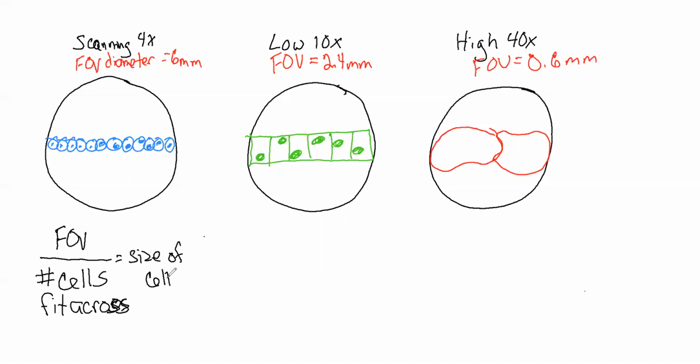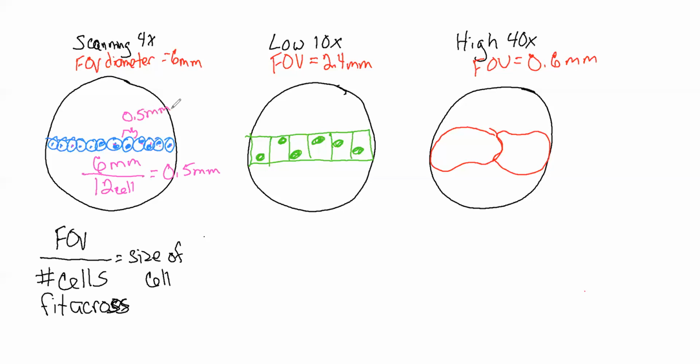So in this first example, we are looking at 1, 2, 3, 4, 5, 6, 7, 8, 9, 10, 11, 12 cells that fit across this field of view. Our field of view diameter is 6 millimeters, and we're going to divide that by 12 cells. That will give us 0.5 millimeters, which means each one of these cells, from end to end, is about 0.5 millimeters.